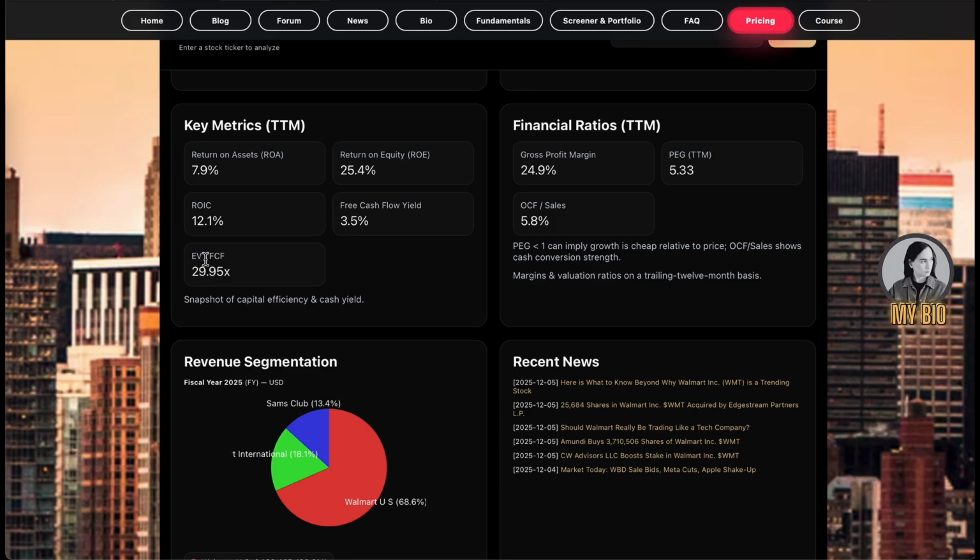With the previous numbers, the higher the better. With this number, the lower the number, the better it is. So enterprise value, you may think of it as the company value, and the free cash flow. In simple words, it tells us in how many years this company's free cash flow can buy back its own company.